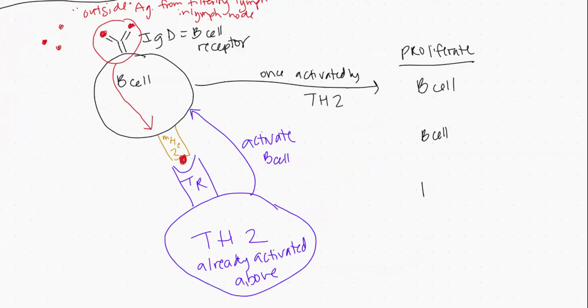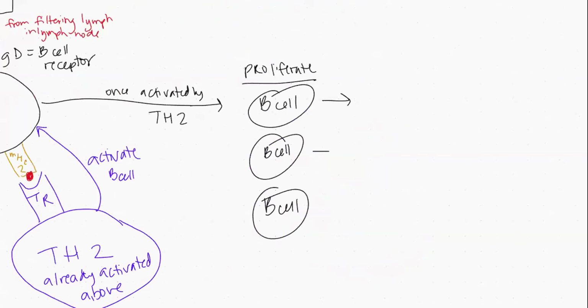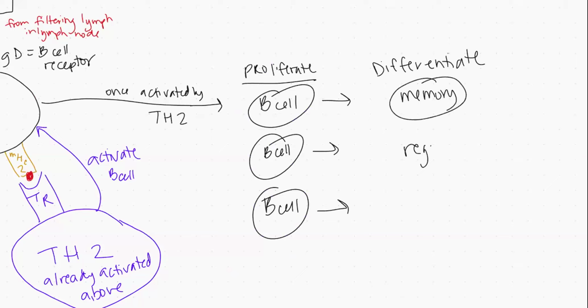Whatever, there's a whole bunch of them. We'll make millions of copies. And then these guys will differentiate into memory B cells, regulator B cells, and then effector B cells, which are also known as plasma cells.